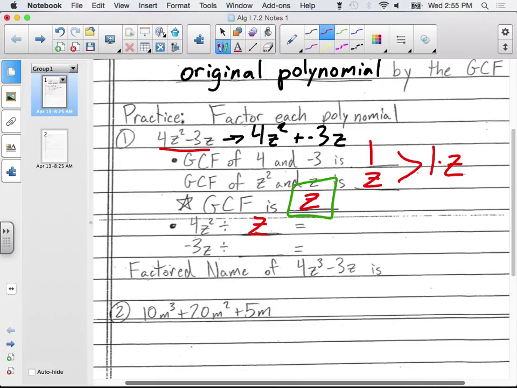So do 4z squared divided by z, and negative 3z also divided by z. So 4z squared divided by z, what's our answer? 4z.